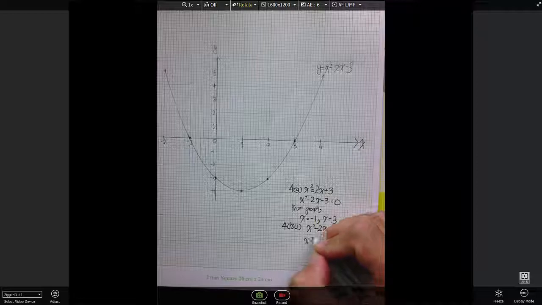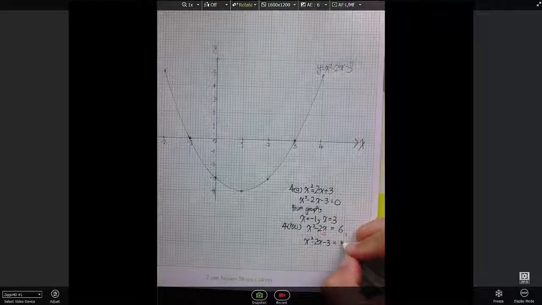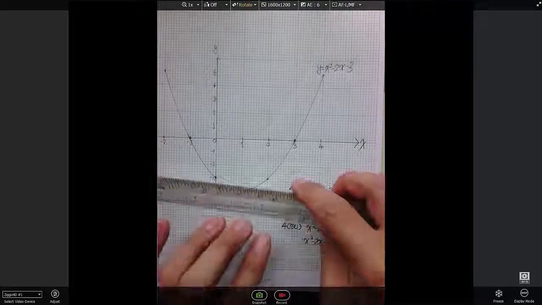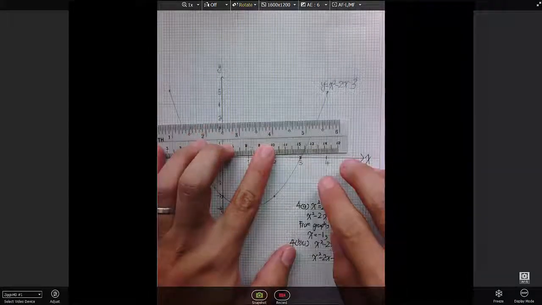So I get x squared minus 2x minus 3 is equal to 3. 6 minus 3 is 3. Notice now we're asking, when the graph is equal to 3, what are the x values? So when the graph is equal to 3, I refer back to my graph. At 3, what I do here is this.